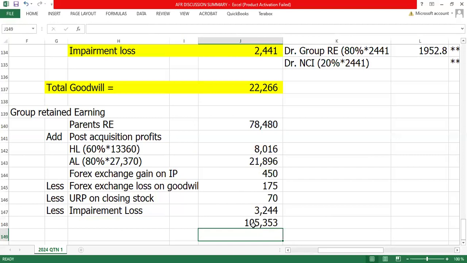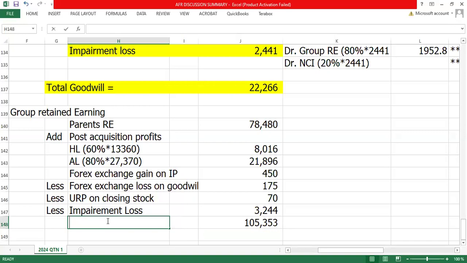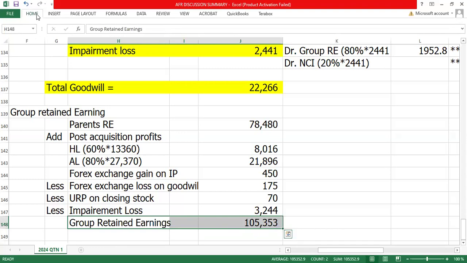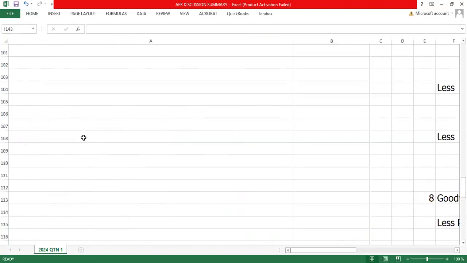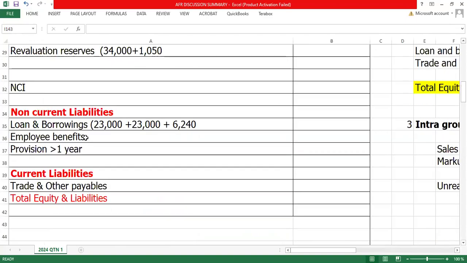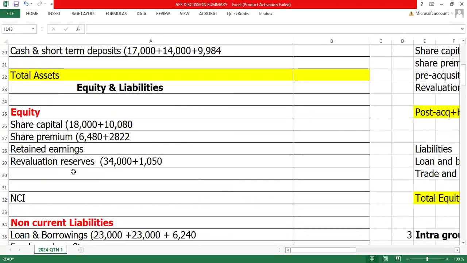That's what I have as group retained earnings. You go and put it here, because I want to really finish here. I don't have time to repeat this.